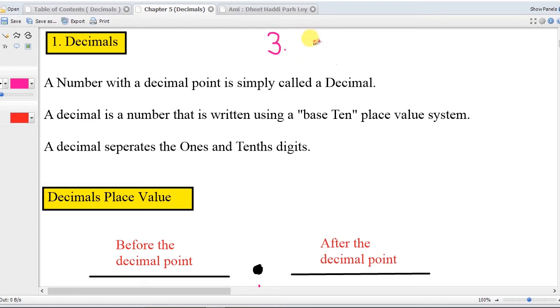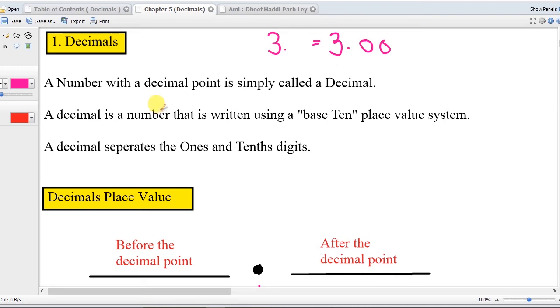So whether you write 3 as 3 or 3.0, both have the same value. Why? Because after the decimal point, if you keep putting zeros, it would not contain any worth, right? So 3.0 or 3.00 or 3.000 is also equal to 3.